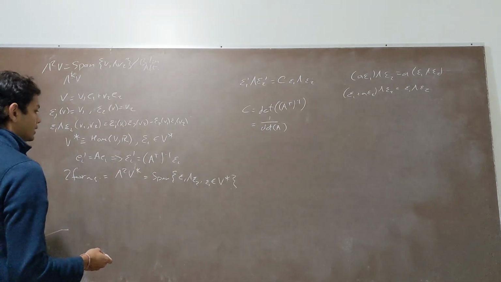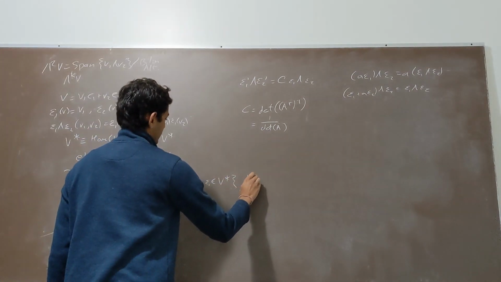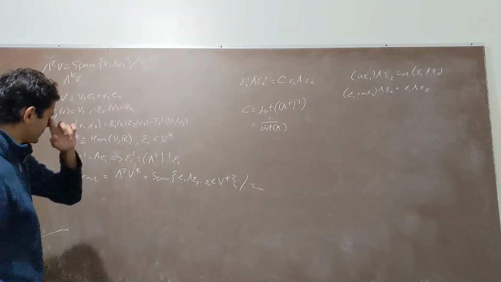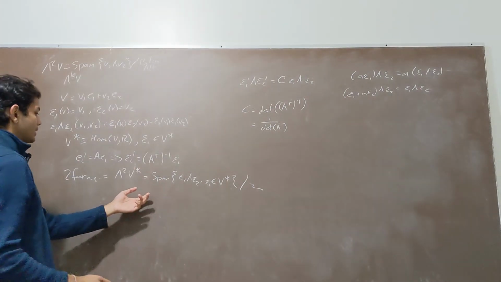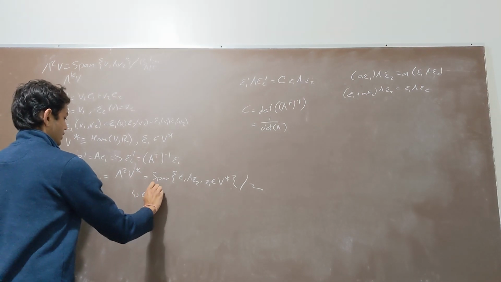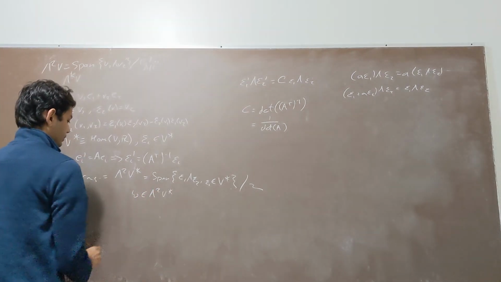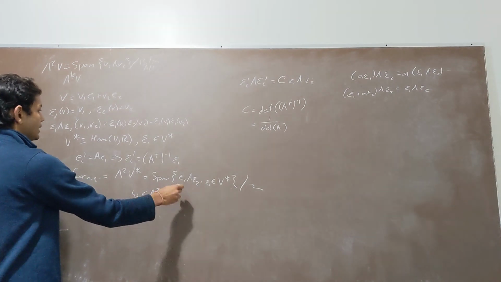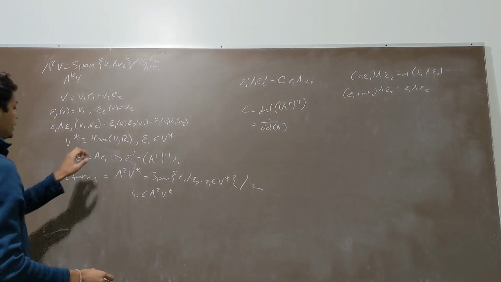Also, modulo the 2 relations which are up here. And the point is that any omega in lambda 2 V star is the sum of these guys, and each of these is a function of 2 variables.